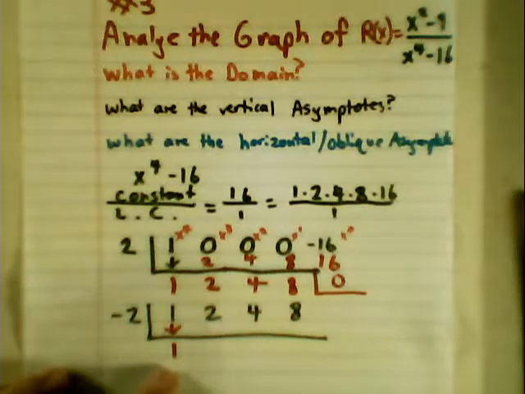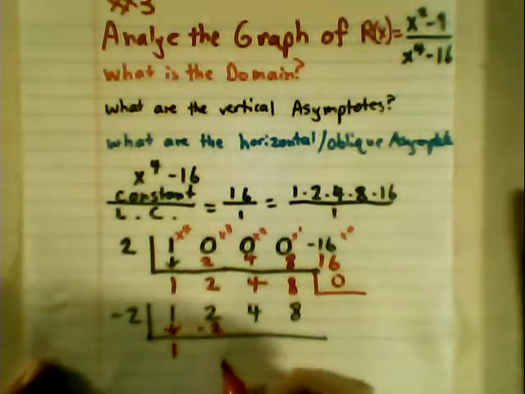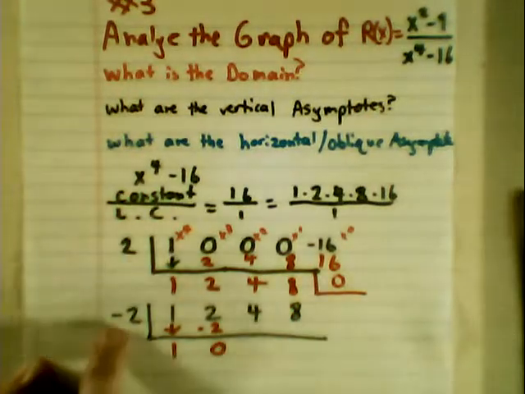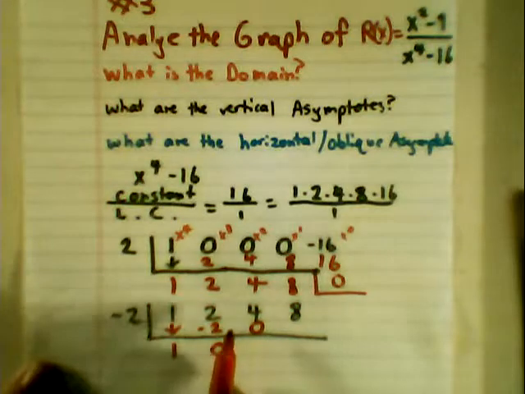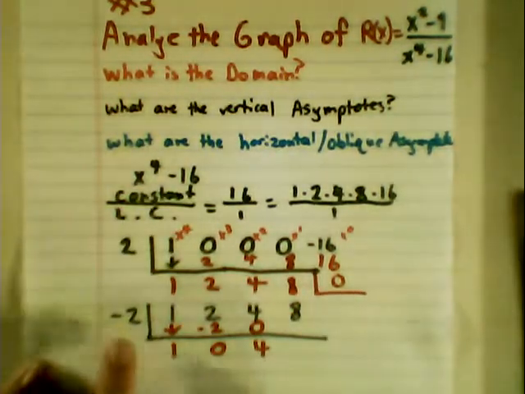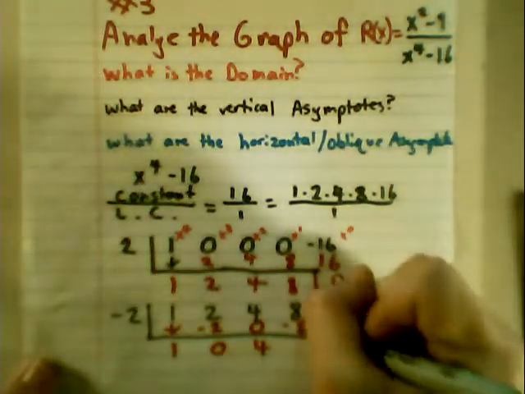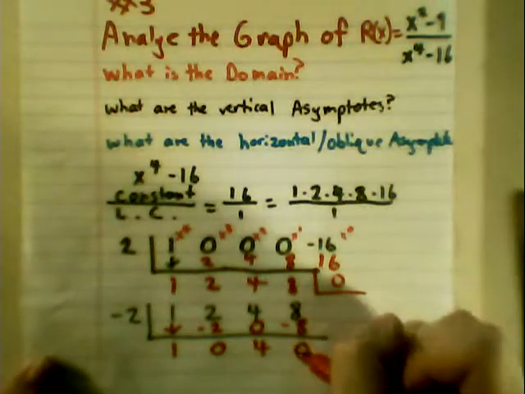So 1 times negative 2 is negative 2. We add them and get 0. We multiply them and still have 0. Then we add 4 and 0, and we get 4. We multiply negative 2 and 4, and we get negative 8. So now 8 plus negative 8 is 0.